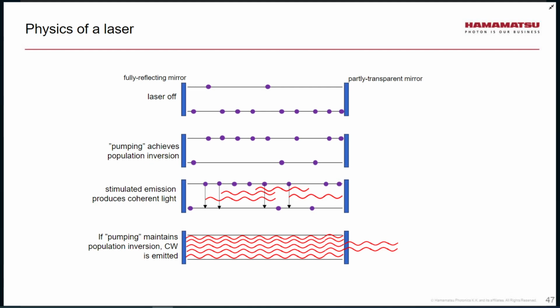Next, we need a pumping mechanism. There has to be some mechanism where electrons will be excited from the lower energy level to the higher energy level. This pumping mechanism could be electricity, light from a lamp, or even light from another laser. So there is not a single pumping mechanism, but a variety of them.